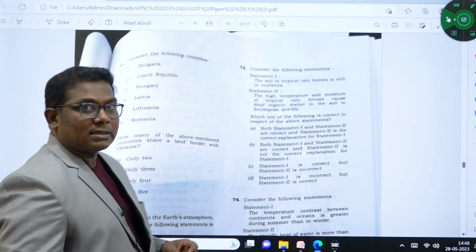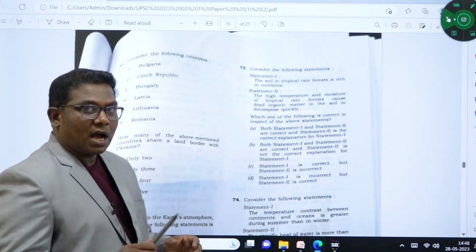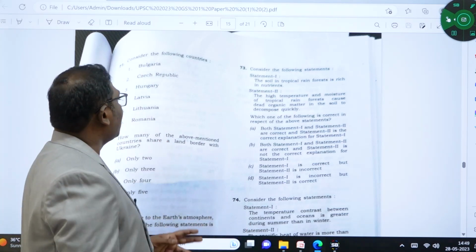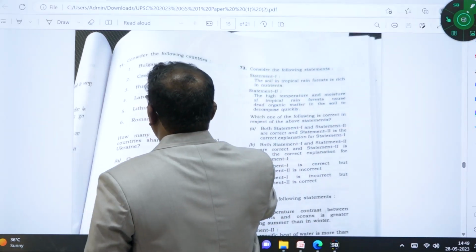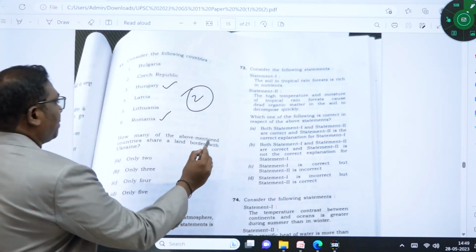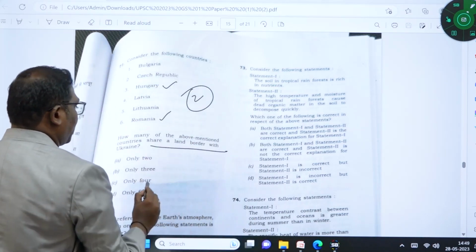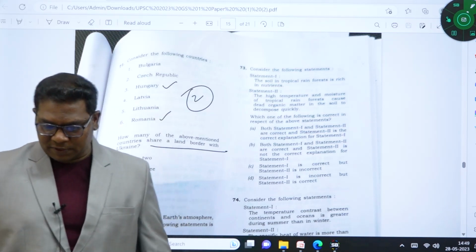Hungary, yes, a small border Hungary has with Ukraine. Latvia and Lithuania are far away from Ukraine, and Romania, yes, Romania has a border. So finally, only two countries, Hungary and Romania, have borders with Ukraine. How many of the above mentioned countries share a land border with Ukraine? Only two, Hungary and Romania. That is the 71st question.